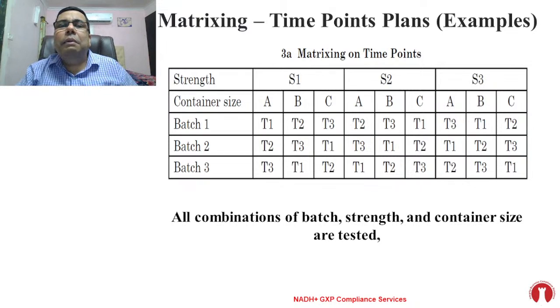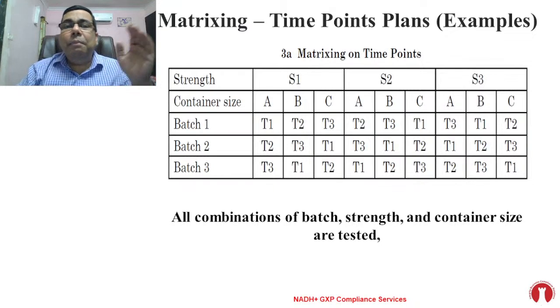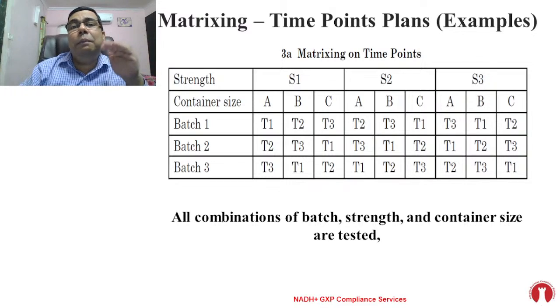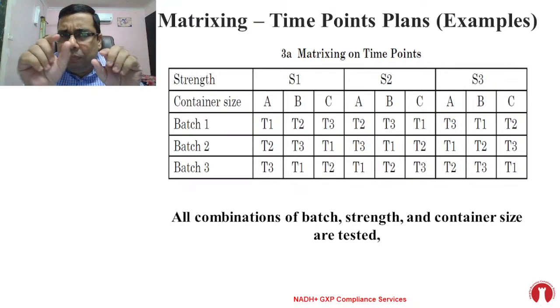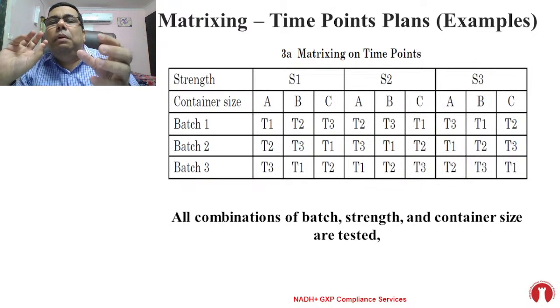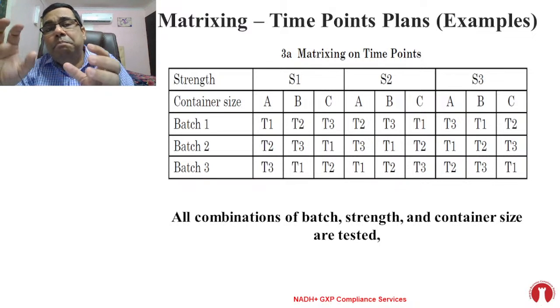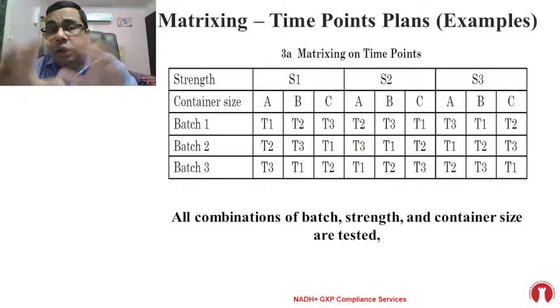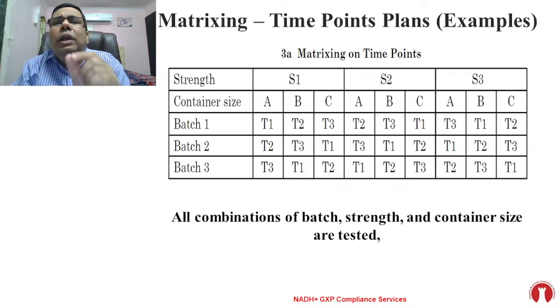Container A, batch number 1 is tested, followed by batch number 3, container B. So container A is respected, container B is also respected, and in a similar way batch 2, T1 only. Just track T1, or T2, or T3, and see how it is combined for batches, strengths and containers. You will come to know. If you track any one of T1, T2, T3, you will come to know. Like, T1 is what?